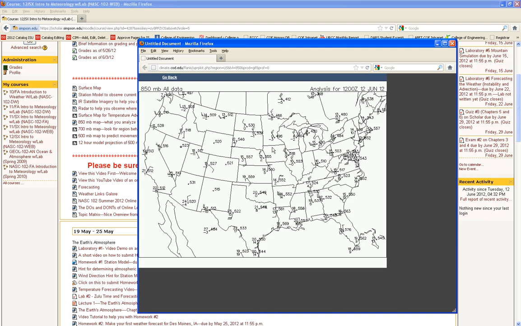I'm going to use knots and miles per hour interchangeably here. There is a subtle difference there, but 25 miles per hour, 24 hours. Let's see, 10 hours would be 250, 20 hours, so it would be 600 miles. We would look 600 miles back to the northwest to see what type of temperatures are coming in.